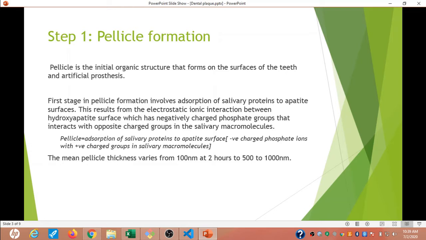In this way, salivary proteins are adsorbed to the apatite surface, and pellicle formation occurs. The mean pellicle thickness varies from 100 nanometer at 2 hours to 500 to 1000 nanometer. So this is the first step, pellicle formation.